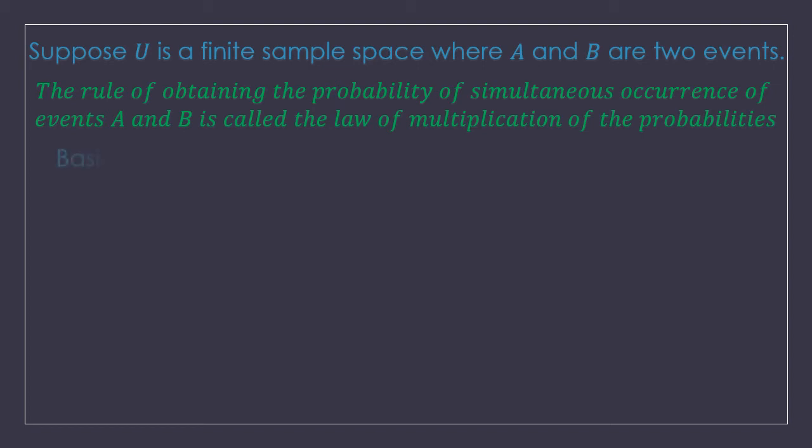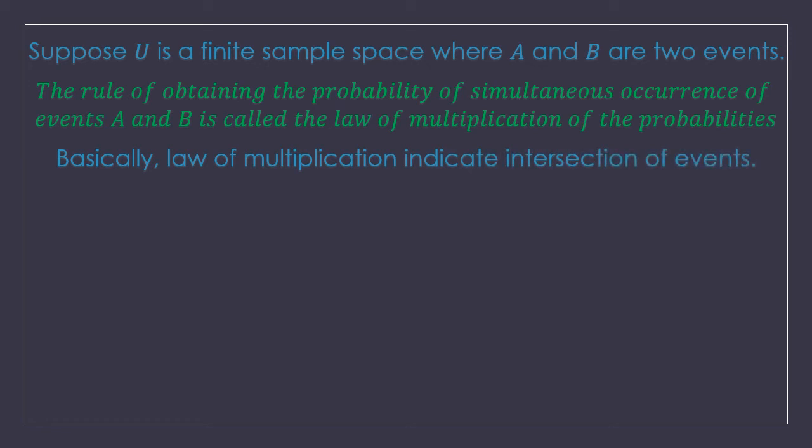Does it ring a bell, guys? Basically, the law of multiplication of probability indicates the intersection of events. Just like the law of addition indicated the union of events, the law of multiplication indicates the intersection of two events, and the intersection of two events is depicted as A intersection B.